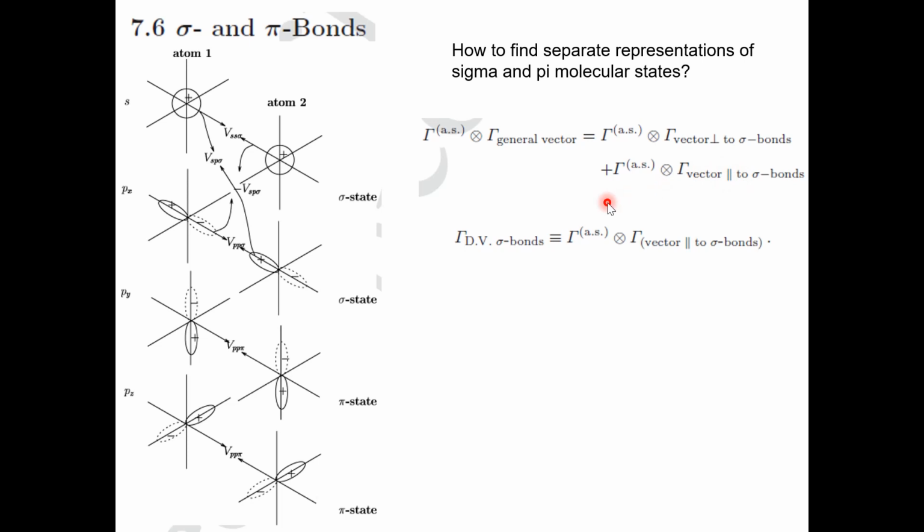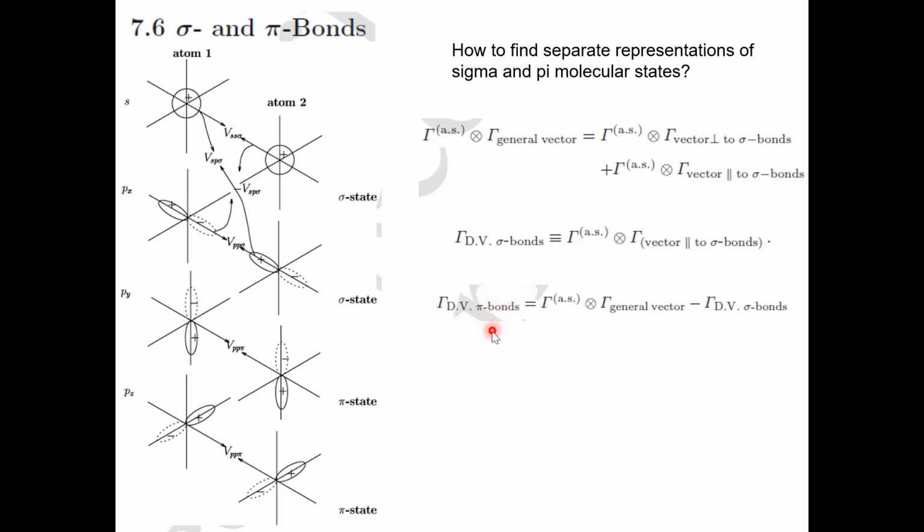The sigma bonding representation will come from the component of the vector that is parallel to the bond, and the pi bond representations will come from subtracting from the total vector representation the components from the sigma bonds. So this will give me the representations of molecular orbitals of pi bonding character.